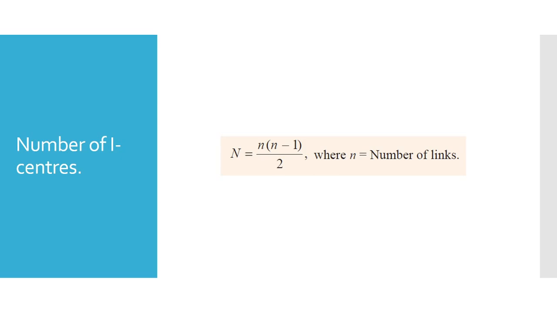In a 4-bar or 4-link mechanism, the number of instantaneous centers is 4 into 3 by 2, which is 6. Similarly, in a 6-link mechanism, 6 into 5 by 2 is 15. So a 6-link mechanism has 15 instantaneous centers, and a 4-link mechanism has 6. We will start with the 4-link mechanism, then move to the 6-link mechanism, and so on.